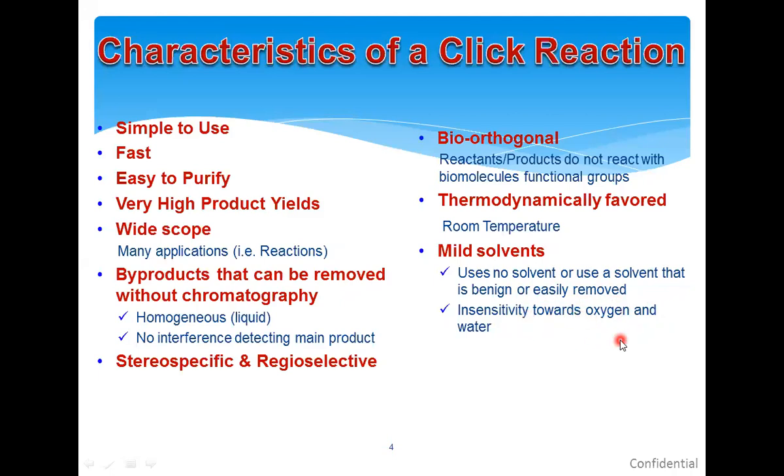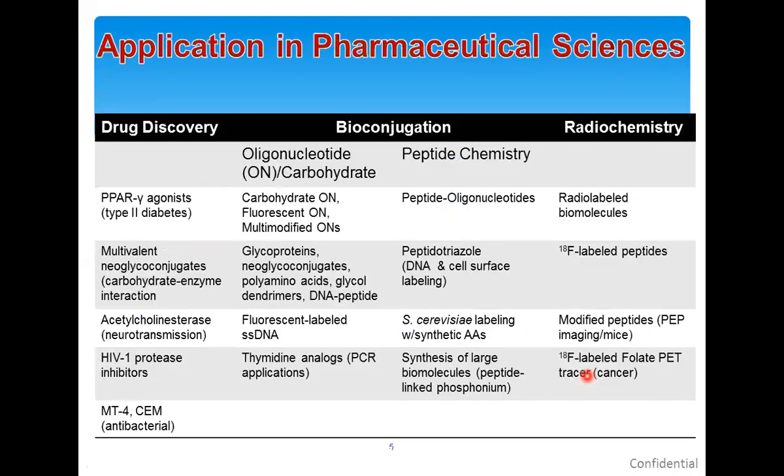And it is very insensitive towards oxygen or water. This makes the click reaction very versatile, simple to use, and applicable over a wide range of applications. You don't have to be very careful about all the reaction conditions for these assays to work.